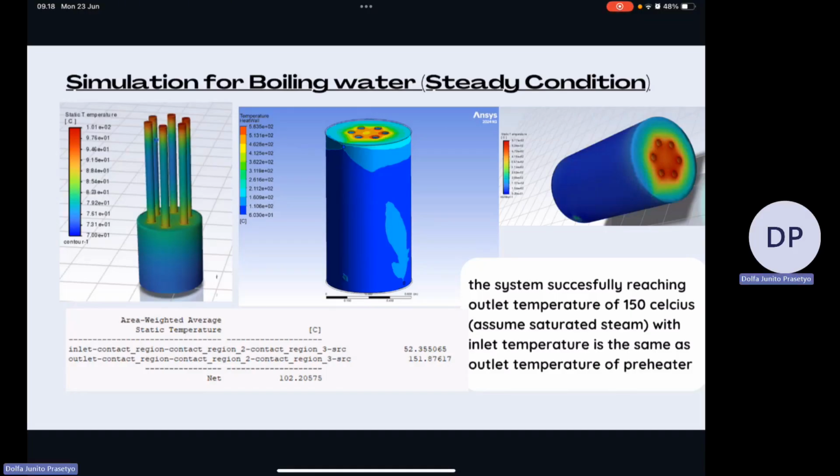And in the very right picture, it shows that the boiler shell is the outer boiler surrounding the water domain. In the simulation, we assume it to have zero heat flux, so there's no temperature gradient in that region.